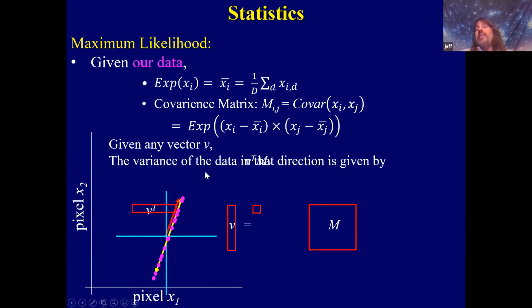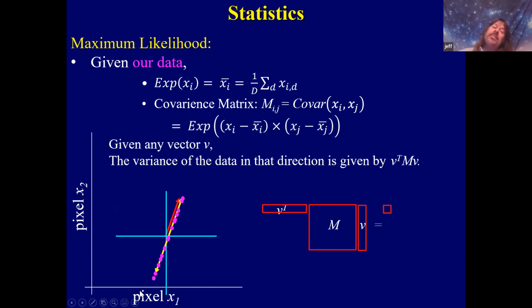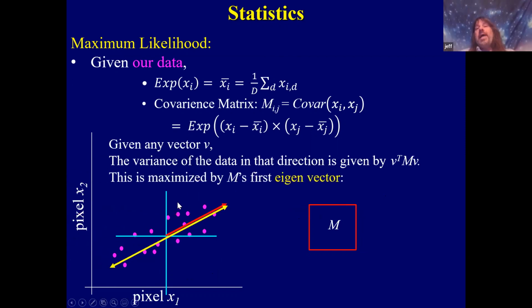And the way we do that is we take our covariance matrix, and it's a matrix, so we can multiply it by this vector, and we can multiply it by the vector transpose. And that gives us the variance if you're moving back and forth in this direction. And so now what do we want to find? We want to find the vector that is maximizing the variance along it, right?